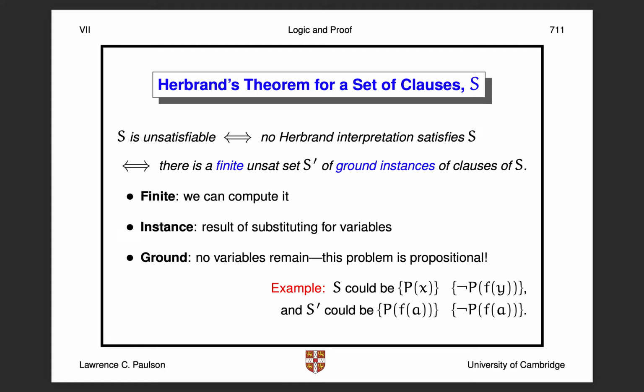Now, one direction of this if and only if is trivial, because if it's unsatisfiable, then no interpretation satisfies S. But the right to left direction follows because the Herbrand interpretations are sufficient to imitate any other interpretation.